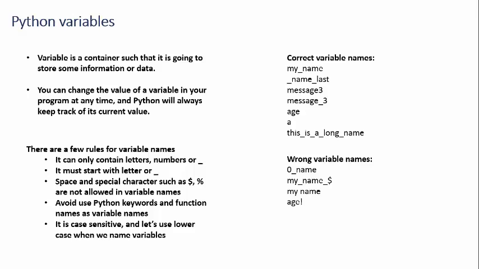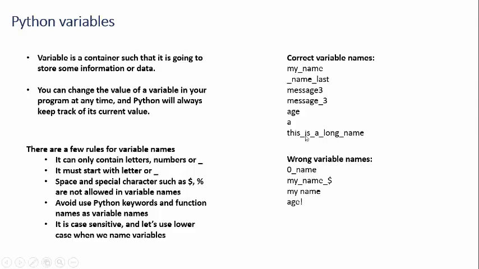With a few rules of variable names, here are some examples of correct and wrong variable names. You can see that the variable contains only letters, underscores, and the integers 0 to 9.